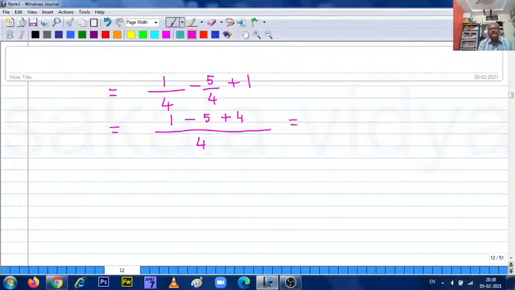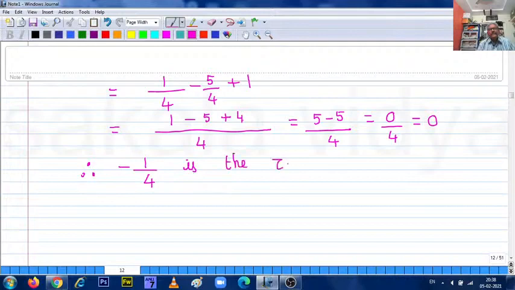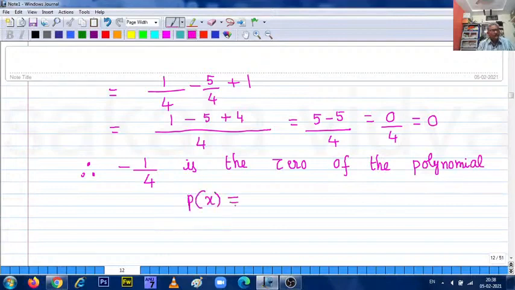So 4 plus 1 is 5, 5 minus 5 upon 4. So 0 by 4. 0 by something is 0. So therefore minus 1 by 4 is the 0 of the polynomial p of x equals 4x square plus 5x plus 1.